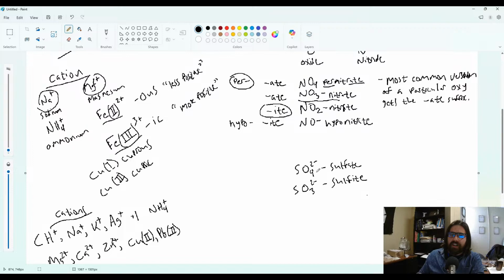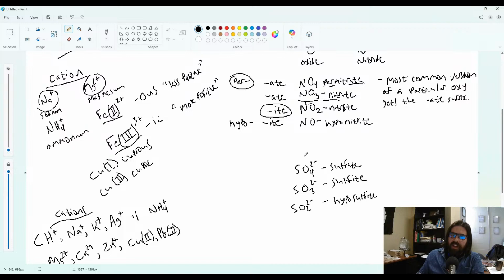So that tells me that if I want to take away one more oxygen, that would give me sulfite. That also tells me that if I were to call something hyposulfite, then that would be one less oxygen than sulfite, which would be two less oxygens than sulfate. So that would be SO2.